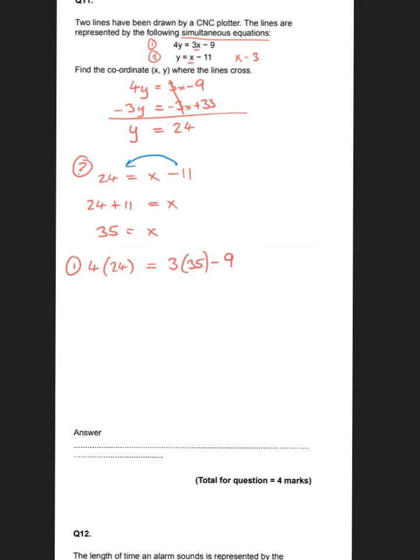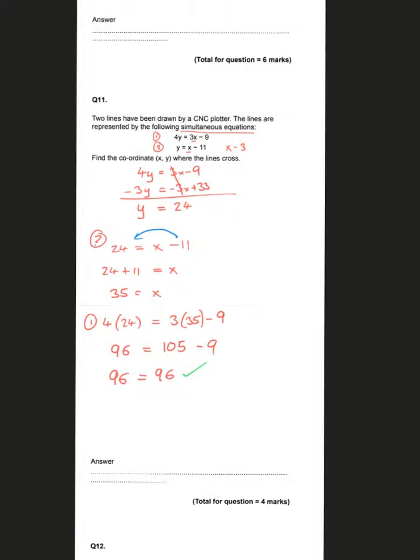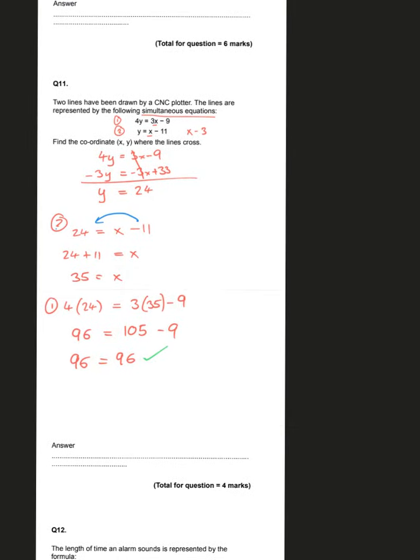So 4 times 24 is equal to 96. 3 times 35 is equal to 105. Minus 9. 96 is equal to 105 minus 9 is 96. So that equals, so I know I'm right. It's always worth doing that with a simultaneous equation question. It's just a nice way of knowing that you're right.